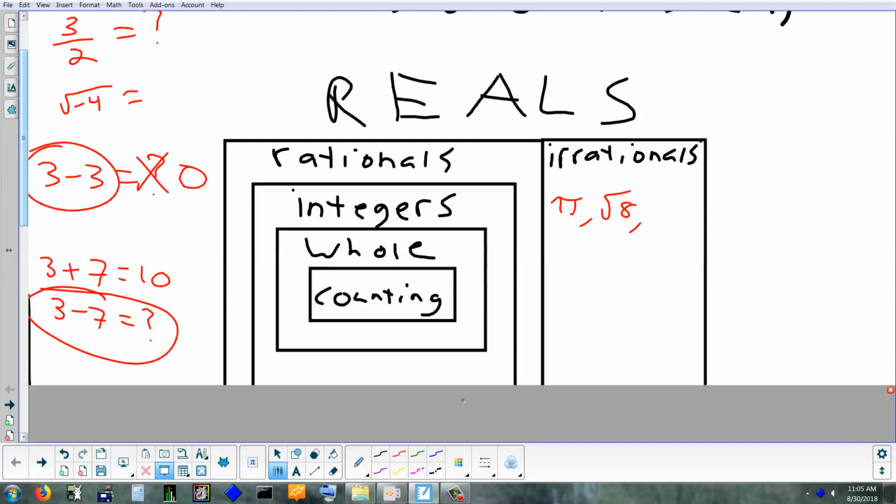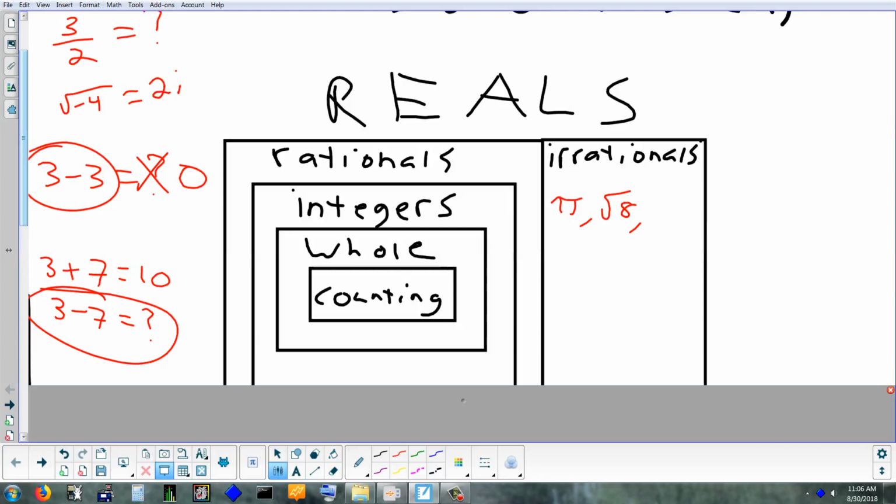And that's when we get into imaginaries. Okay? So we'll talk more about that kind of stuff much later on. But that's the whole point of inventing these new types of numbers, so we can deal with fractional pieces, deal with negatives, or even more complicated, deal with something like that.